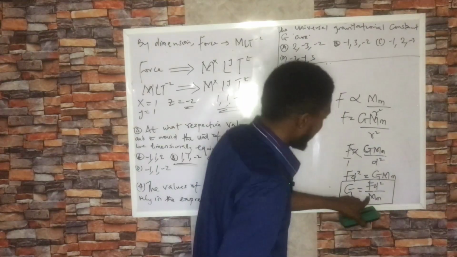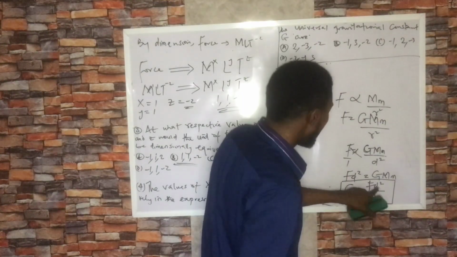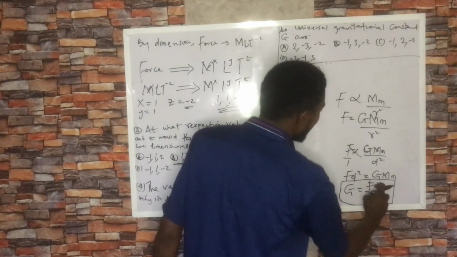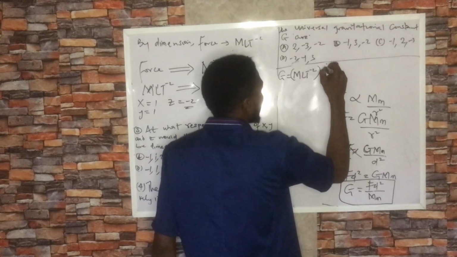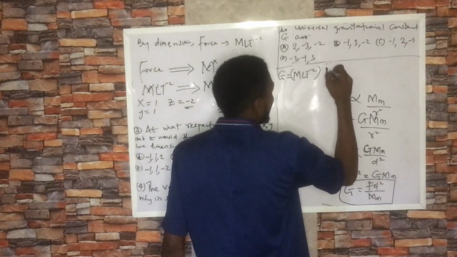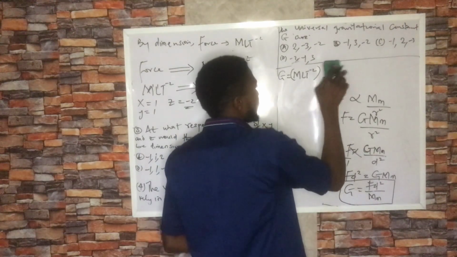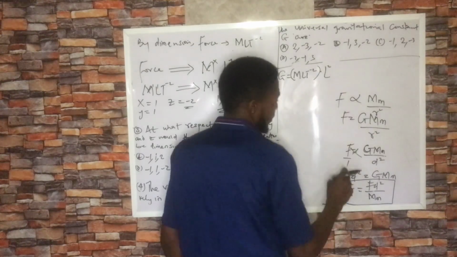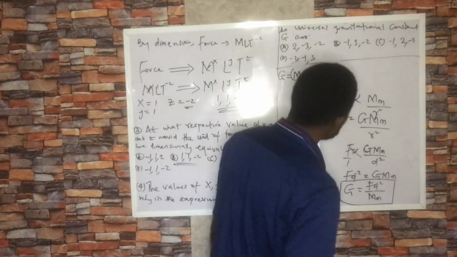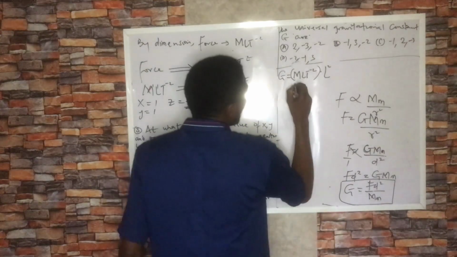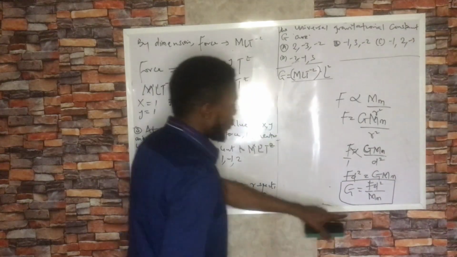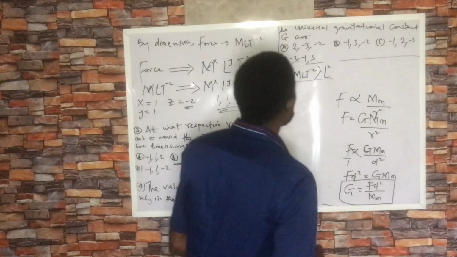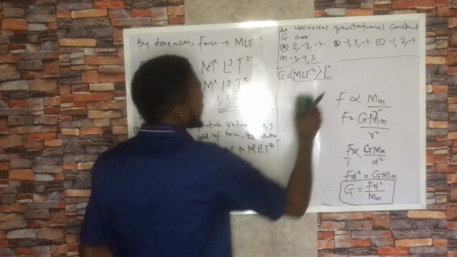Then the unit of distance. Remember, the unit of distance is L. You can say L squared, since this is d squared.